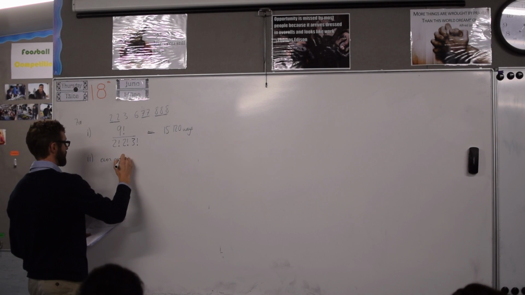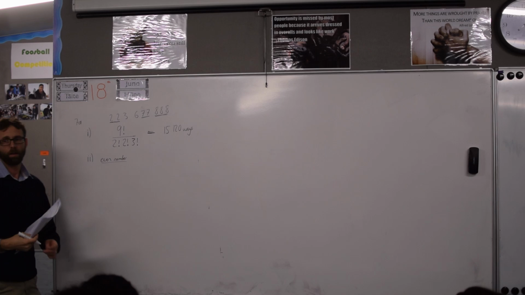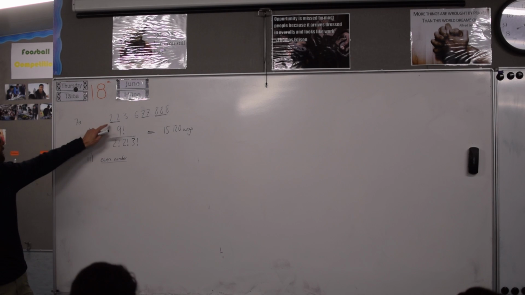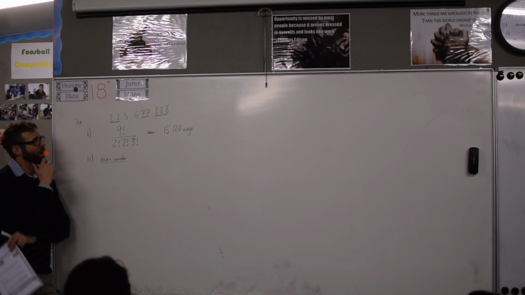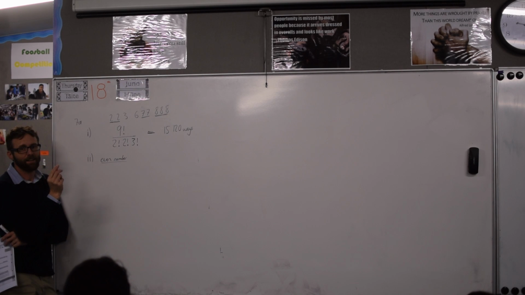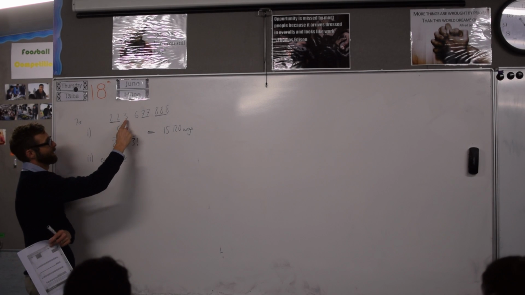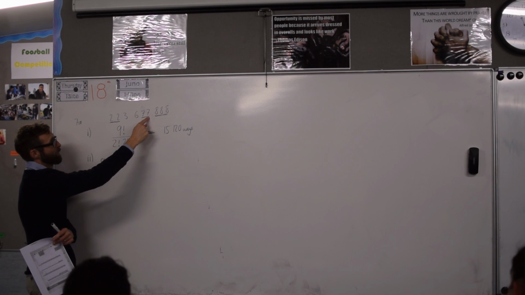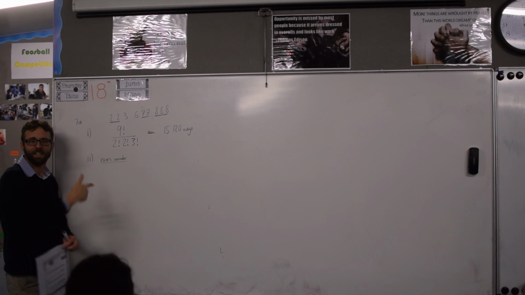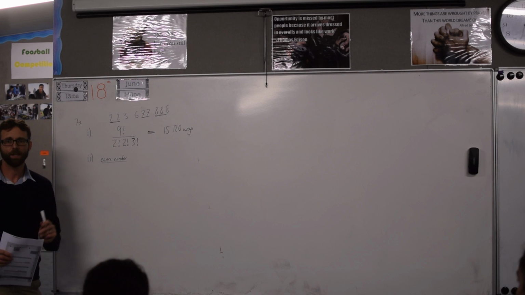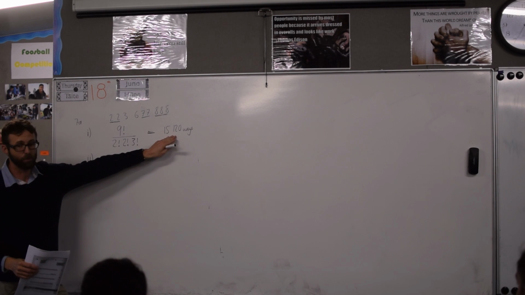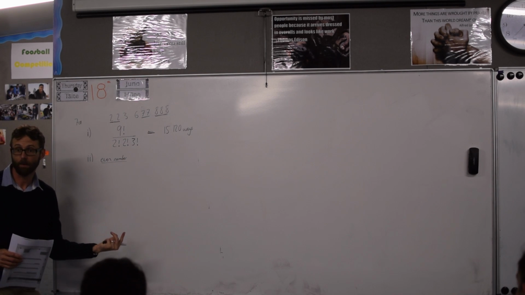Now, if it's an even number, it has to end with this, or this, correct? But wouldn't it be easier to work out the number of ways we could make an odd number? Right? Because we've only got 3 odds and 6 evens. So if we work out the number of ways we could make an odd number, and then subtract it from this, that'll tell us the number of ways we can make an even number, yeah?